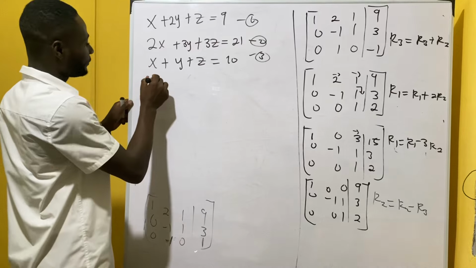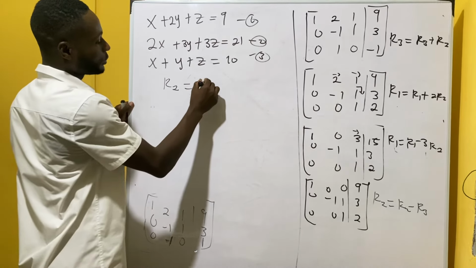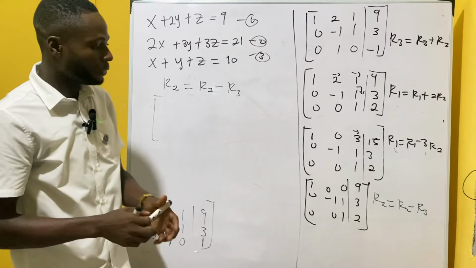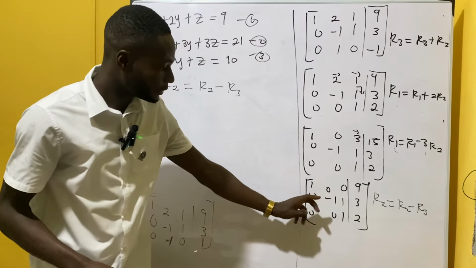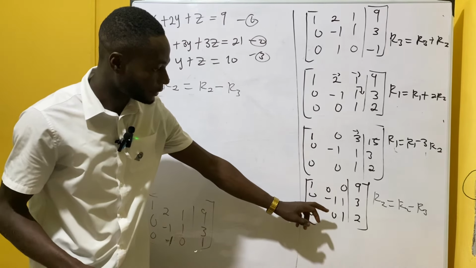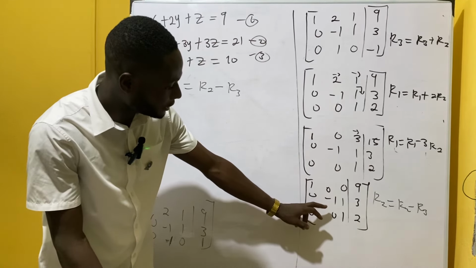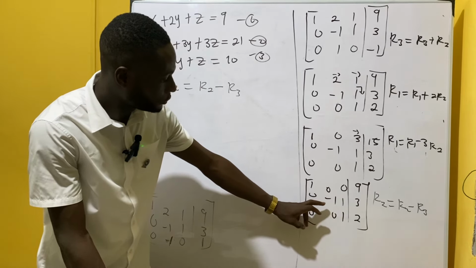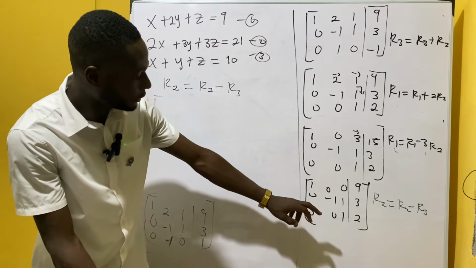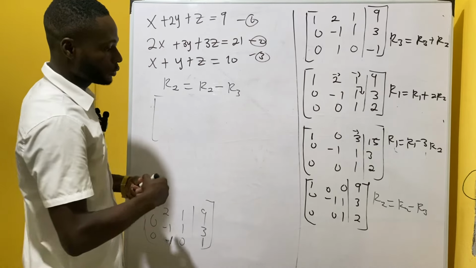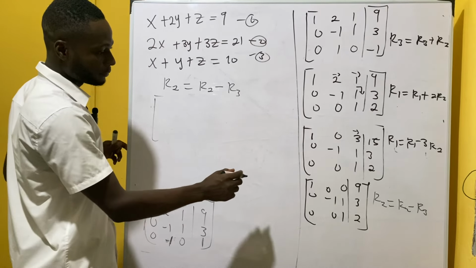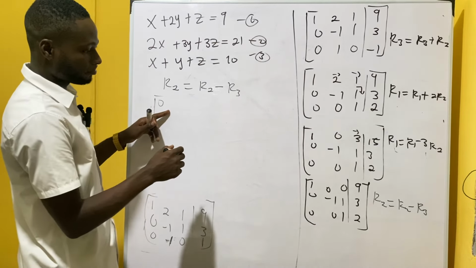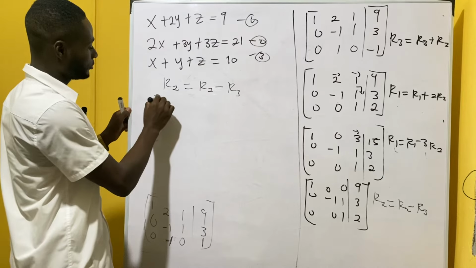Right, so we have row 2 equal to row 2 minus row 3. When we do that, we are going to have row 2 minus row 3 right here: 2 minus 0 minus 0, and we have 0 right here, and then 1.